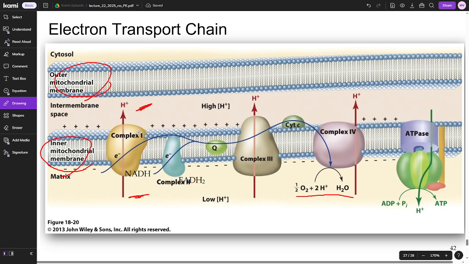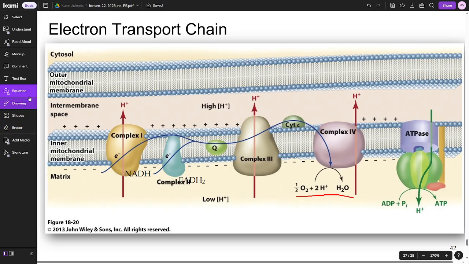So we're actually creating a concentration gradient across this membrane, going this way. And notice how if you start with FADH2, you're actually skipping this proton. So for FADH2, you're only generating these two protons going up, while if you do NADH, you're generating all three of them. So that's why NADH actually ends up producing a bit more energy.